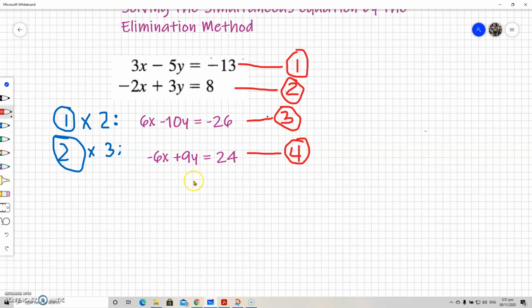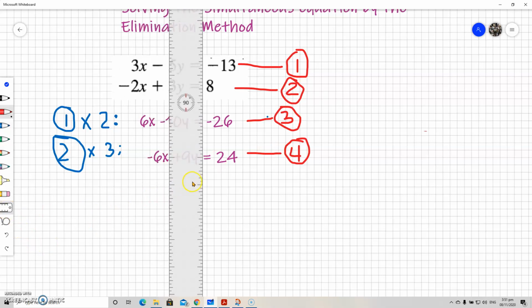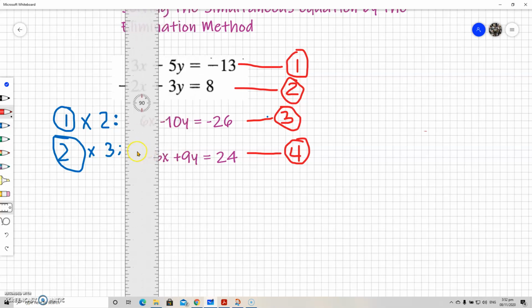Now I take equation 3 and I add it to equation 4. Let's see what happens. I'm going to use the ruler again. See, I have the same coefficient here, just opposite signs. So if I add equation 3 to 4, we're going to get rid of the x term. Let's double check on my y.